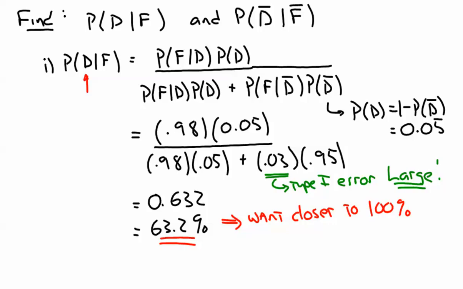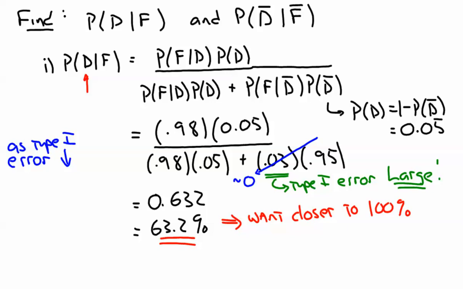Well, notice as the type 1 error gets smaller and smaller, that portion will go towards 0.